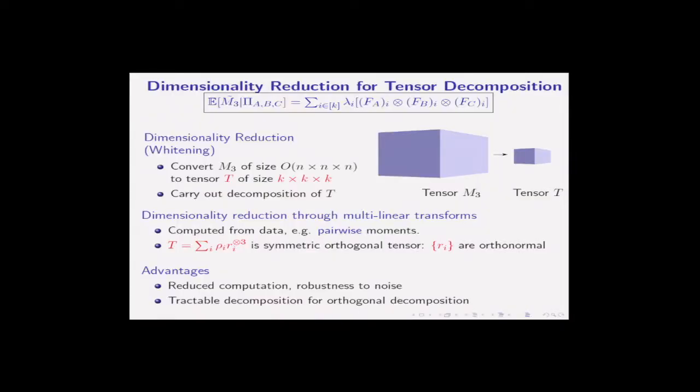What I'm describing is the first step, where we convert the tensor to a lower dimensional tensor that is also an orthogonal tensor. This is a much more tractable form. We'll decompose this tensor and then go back to the ambient dimensional space. Under expectation, this would have been a symmetric orthogonal tensor.